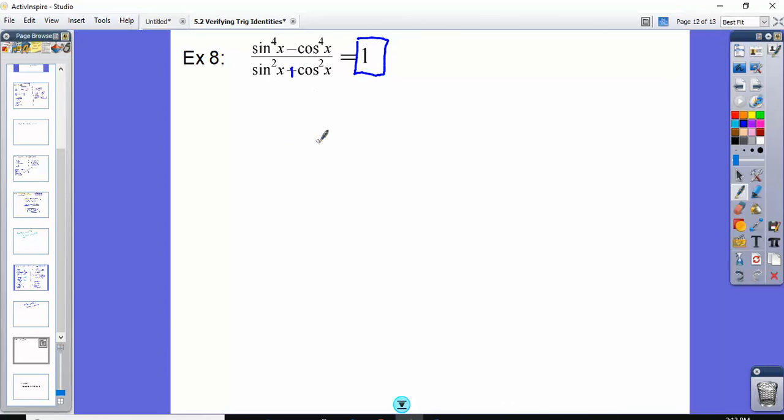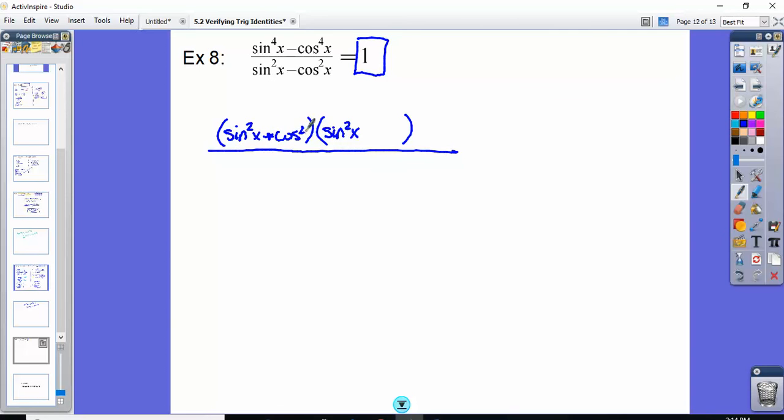On the left, sine squared plus cosine squared is 1, but minus isn't a formula, so I can't do anything with that. If you notice on the numerator, that is a difference of squares. Actually, they both are, numerator and denominator. On the numerator, if you have sine to the 4th, we'll break into sine squared.